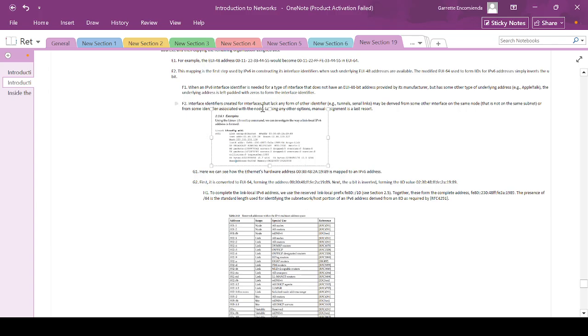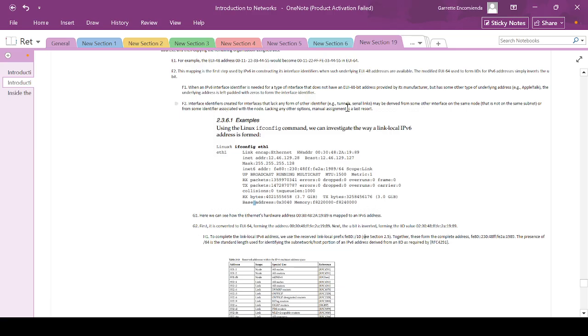Interface identifiers created for interfaces for AppleTalk, they just left padded it with 0 if they don't have this EUI 48 and EUI 64. Interface identifiers created for interfaces that lack any form of identifier, like the tunnels and serial links that do not have EUI 64, may be derived from some other interface on the same node, because we need to be able to get the IID to form this IPv6 128 bits.